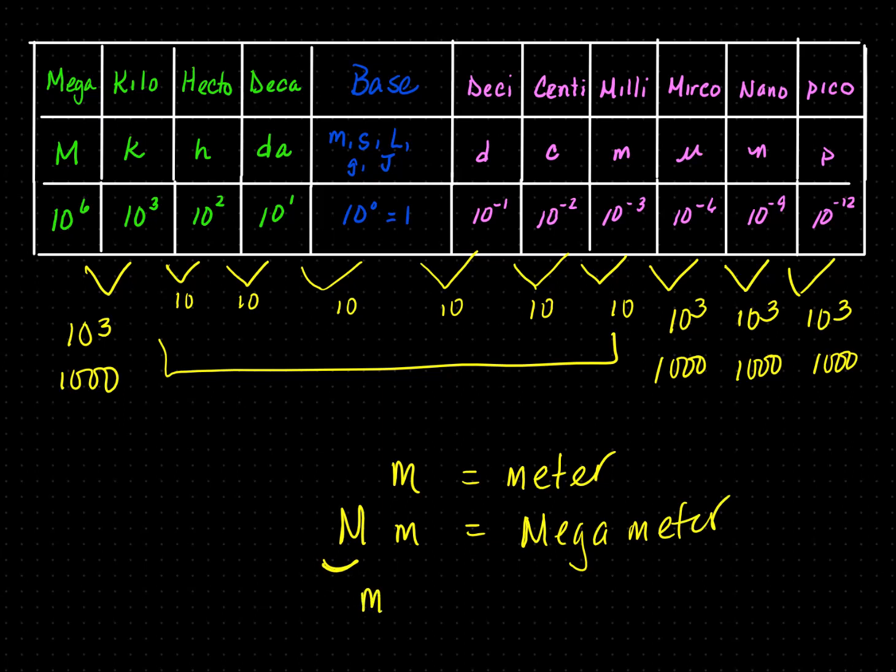If I see a little m before the m, this is millimeter. So make sure you write your m's correctly. So any letter, symbol by itself, it's the base unit. If you have two letters or two symbols, it is a prefix and the base unit.